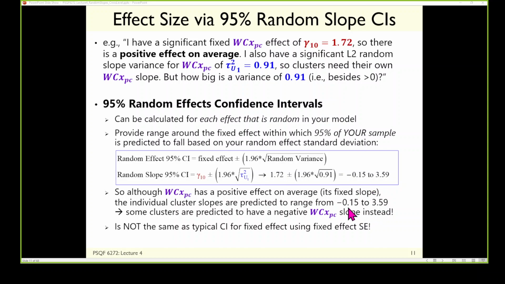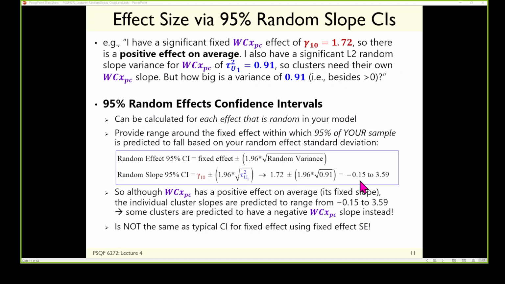So the fact that this interval overlaps 0 doesn't mean that there's some sort of significance issue here. What it means is that some clusters are predicted to have slightly negative slopes. On average, it's 1.7, but the size of the variation around it pushes it into negative territory. So it can go from slightly negative up to really positive.